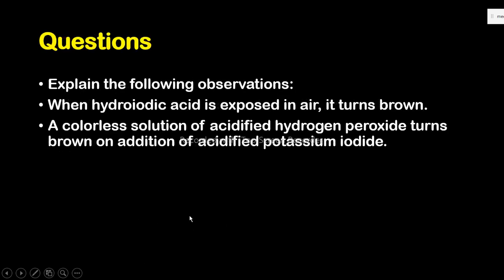So, questions. Can you try to answer this in the chat box? Explain the following observations. When hydroiodic acid is exposed to air, it turns brown. Then a colorless solution of acidified hydrogen peroxide turns brown on addition to potassium iodide.